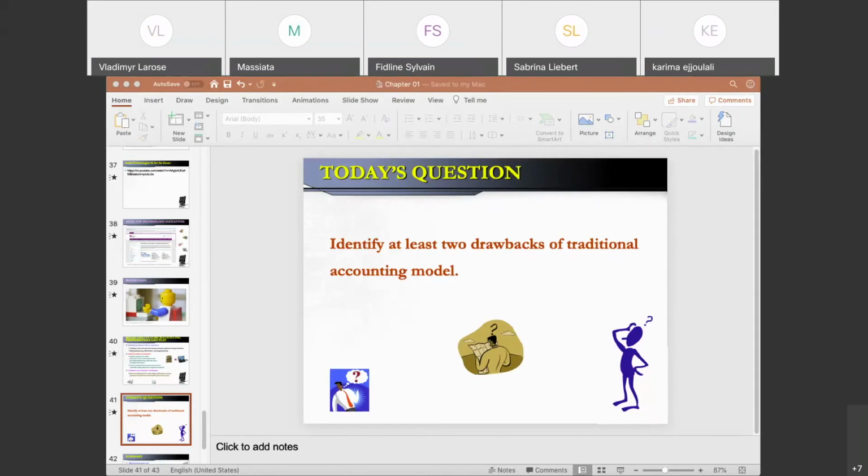She can't answer, she just texted me. Can I answer that question, the two drawbacks of the traditional accounting model? One of them we saw in class is transaction orientation, and limited accessibility of information, and limited flexibility. Thank you. But Fedlin has a connection problem. Oh, okay, so she tried to connect back.